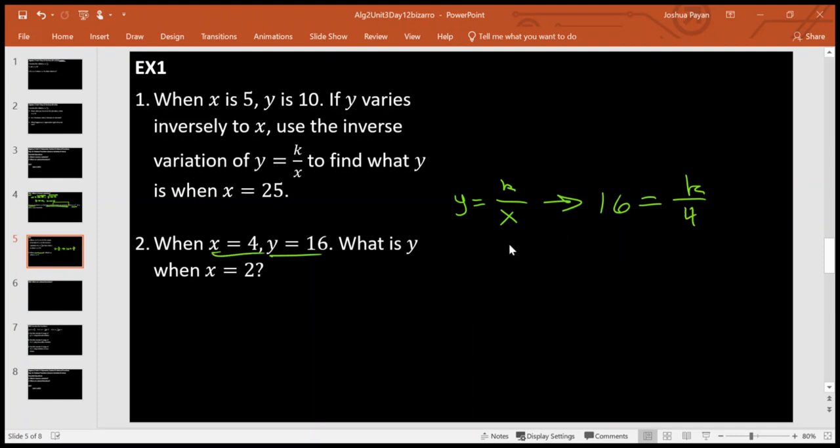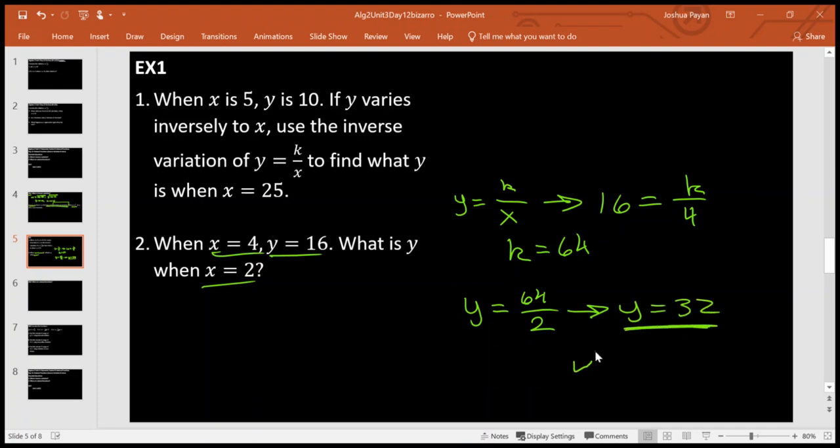Multiply by 4 on both sides, and we get that k is equal to 64. And then from here, it's very simple again. So I'm going to say y equals, I don't need to say k anymore, I can just say 64 over, well, we know x will be 2 in this case. And we're just going to get that y is equal to 32 whenever x is equal to 2. So we see y now increasing whenever x decreases.